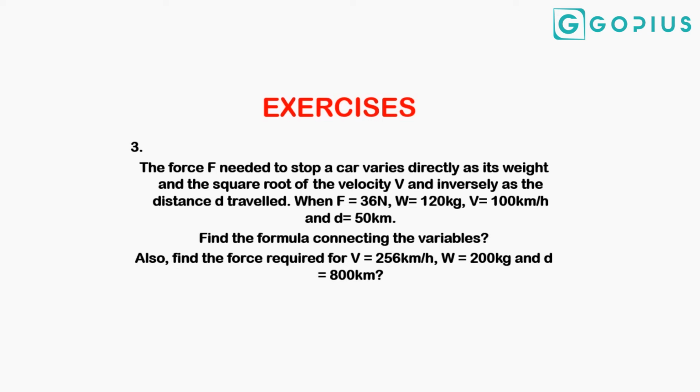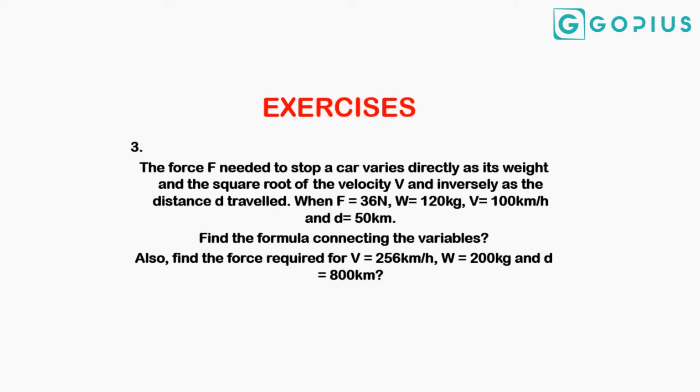When F equals 36 Newton, because it's force, I'm sure some of you that are science students know the unit for these quantities. Force is 36 Newton, the weight of the car is 120 kg, and the velocity of the car is 100 km per second when the distance is 50 km. We are asked to find the formula connecting the variables.